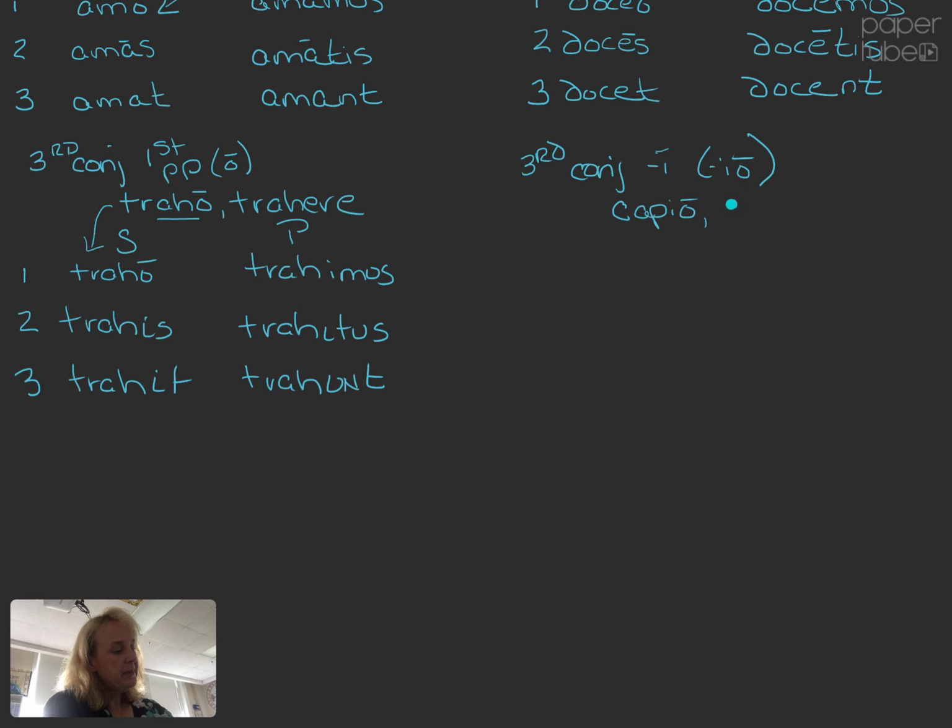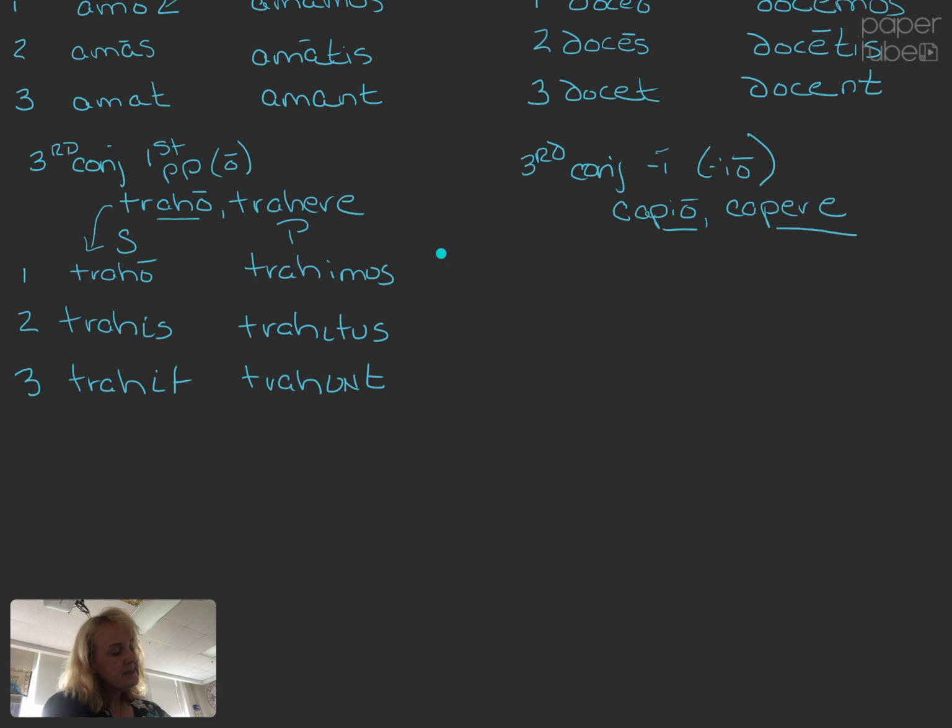Capio, capere. So we see that same short E-R-E, but now instead of just an O, we have an I-O. Like up here we had E-O. And when we cut off that O, we're going to end up with an I. And you might notice over here we had is, it, imus, itis, unt.